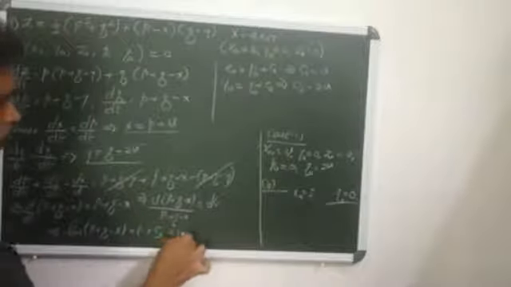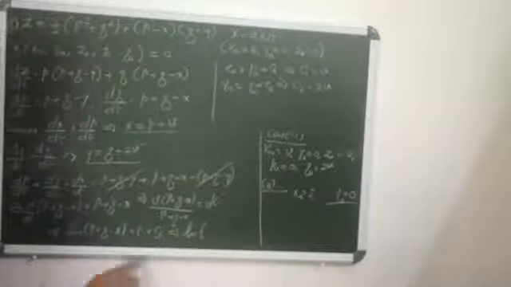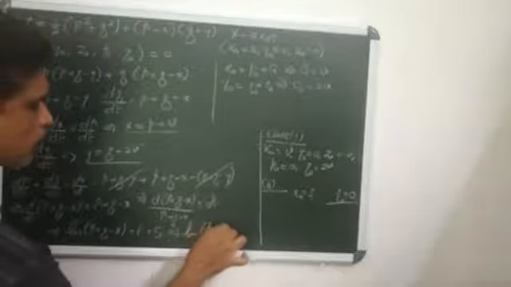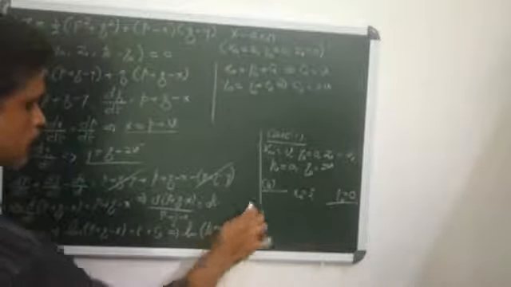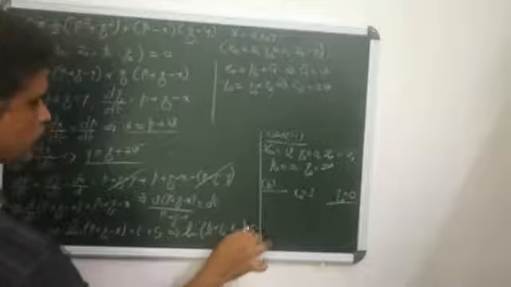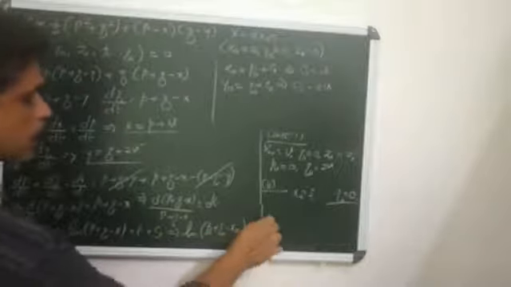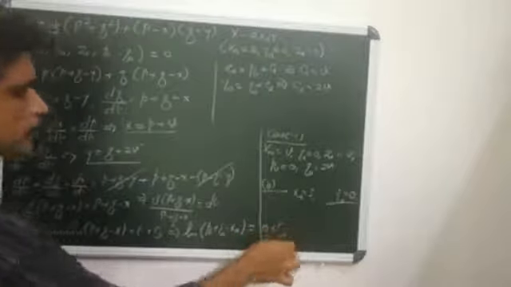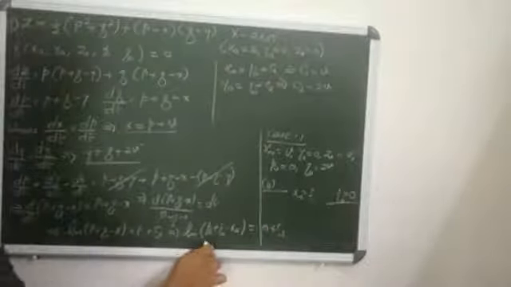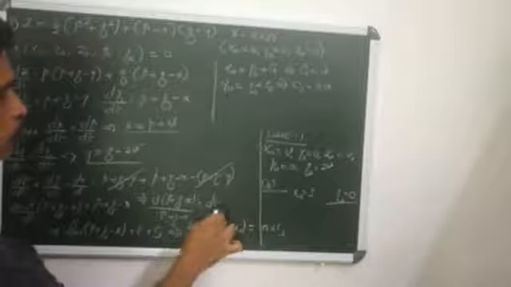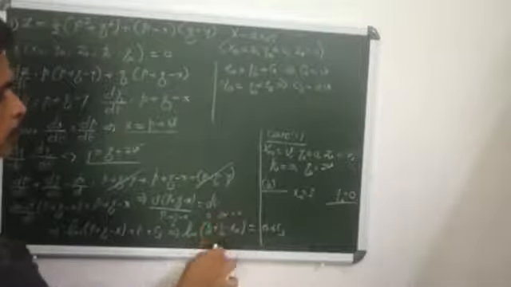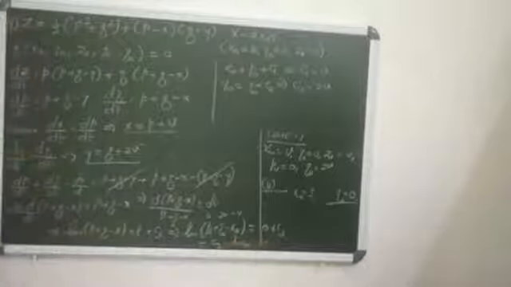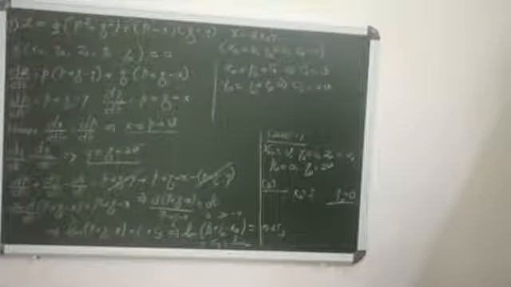So log of p naught plus q naught minus x naught equals 0 plus c3, when t equals 0. P naught is 0, q naught is 2v minus v, so c3 equals log v.